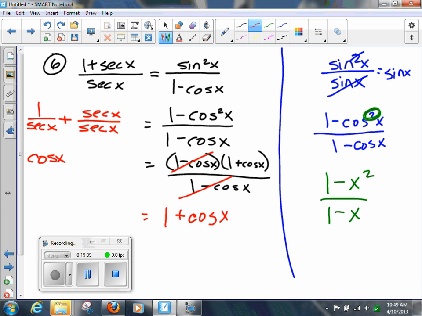Luke told me that 1 over secant is cosine. Do you agree? You should. Isn't secant over secant 1? Yes. Oh, I'm closer. Can I just rewrite this as 1 plus cosine x? Heck yes. You don't have to, but it would be better if you did.